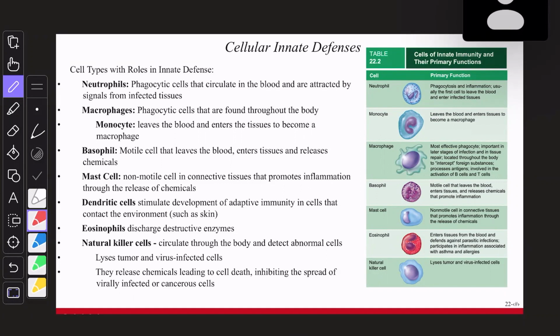When we talked about mitosis way back in A&P1, we also talked about cancer, right? And we defined cancer in a very broad way. How did we define cancer? Uncontrolled cell division, okay?